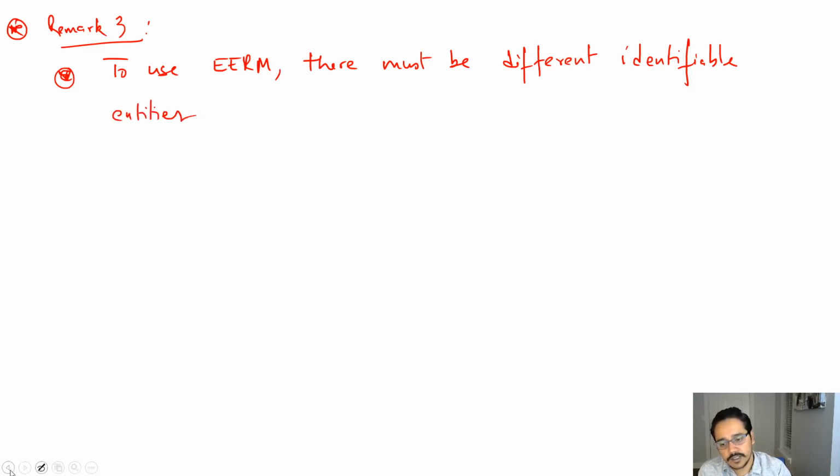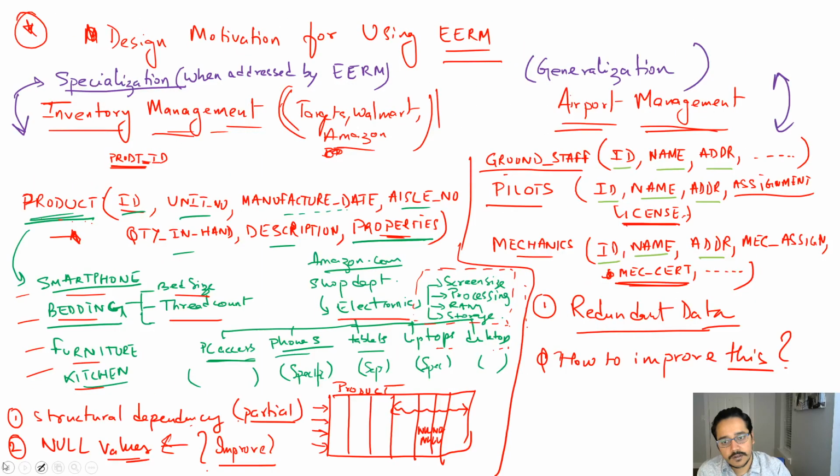That means there have to be entities. If you create a set of entity subtypes, they actually have some variation between them. You cannot just simply take each and every row of a given table and start creating entities out of it. That is not what EERM is telling us.